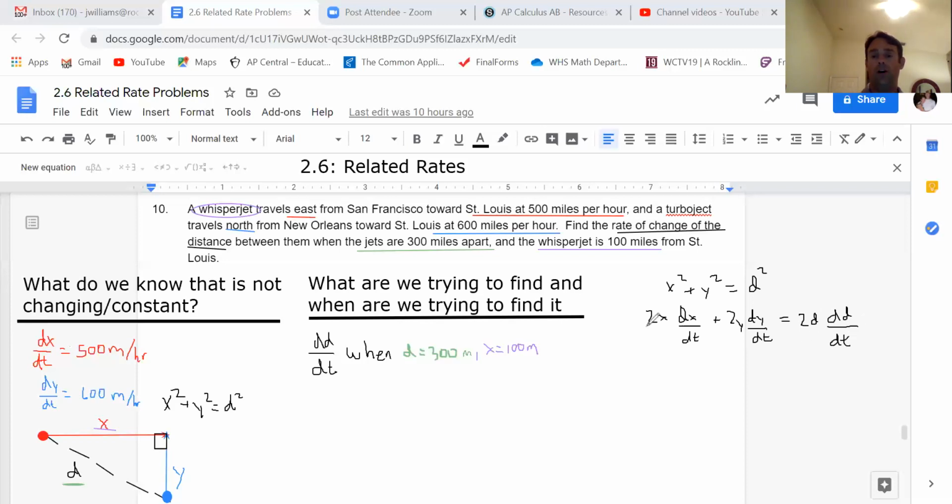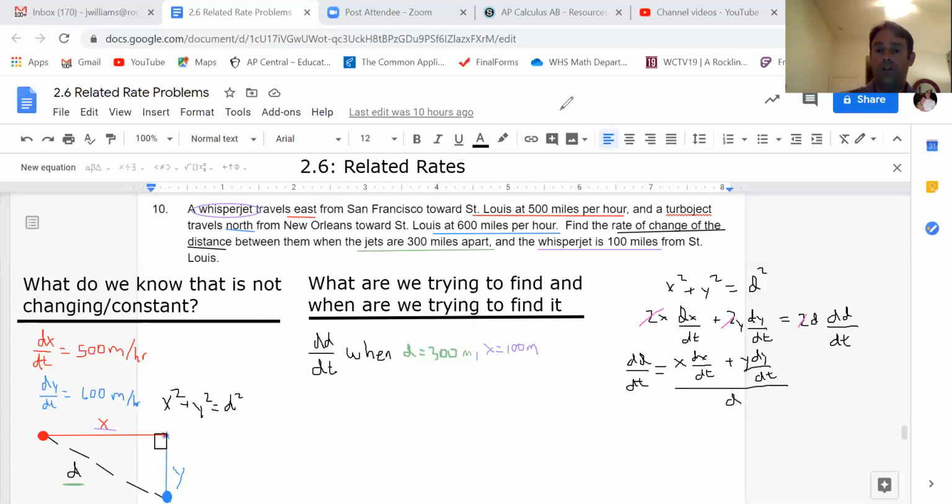And first though, I see that they all have a 2, so I'm just going to divide 2 out from everything. And I got to get the dD/dt by itself. It's kind of fun to see. Got to get that by itself, so that's going to be equal to x dx/dt plus y dy/dt all over d.